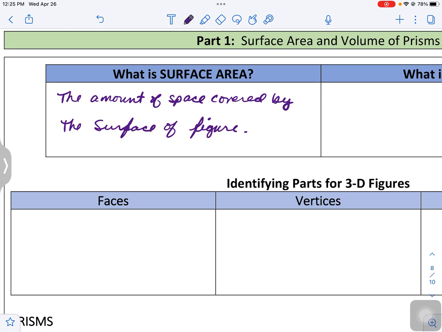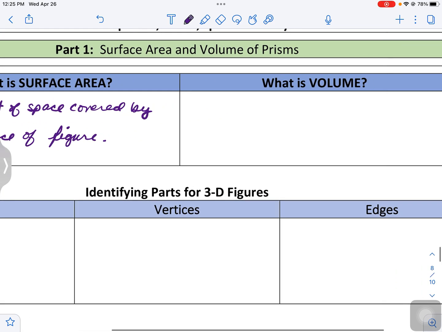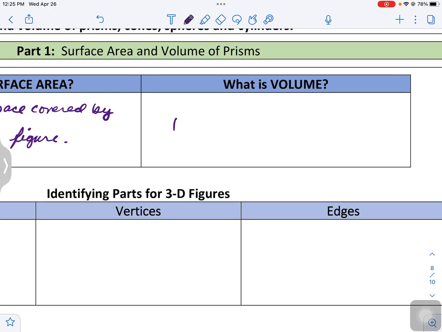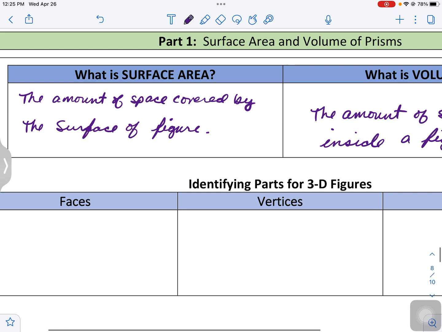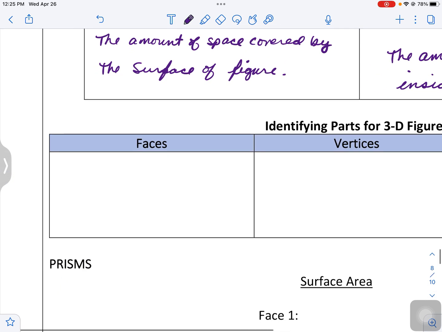Okay, so it's just finding the area on the outside of a figure. Volume is the amount of space inside a figure. So volume is inside the figure, and surface area is all the area on the outside.